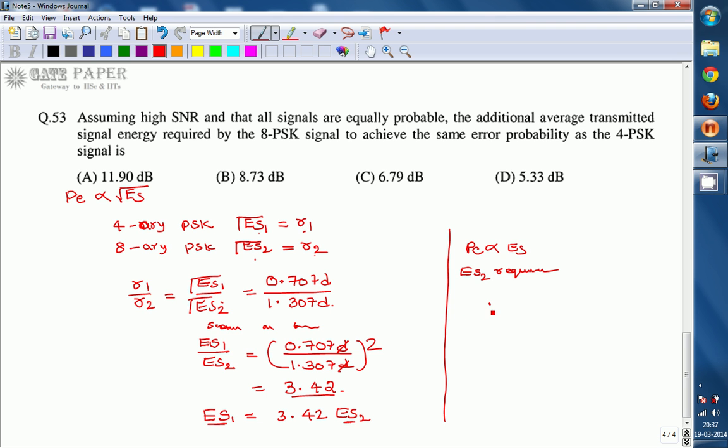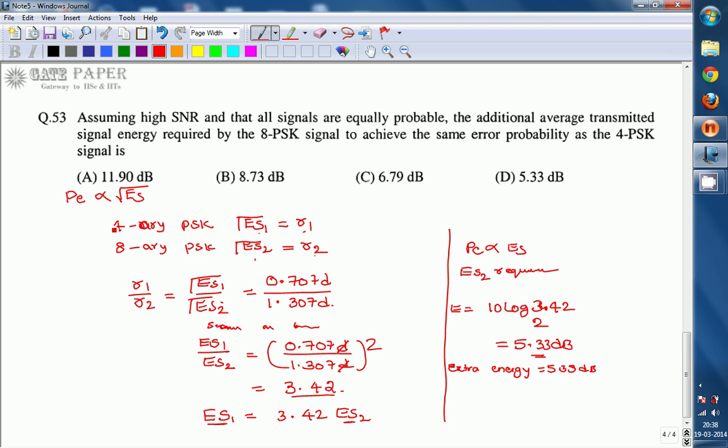Now apply 10 log of 3.42 base 2, and we get the answer 5.33 dB. Okay, this is the extra energy required: 5.33 dB is required to get the same probability as 4 array PSK.